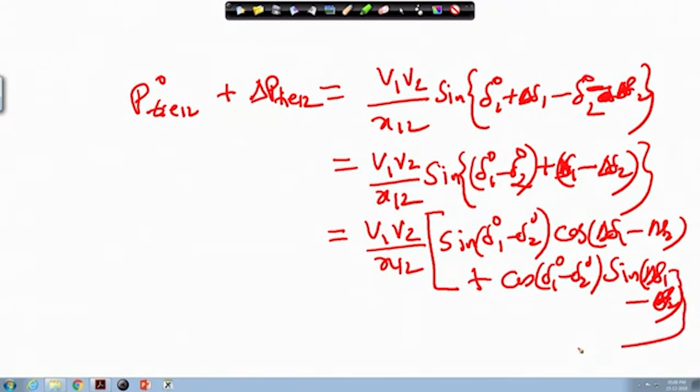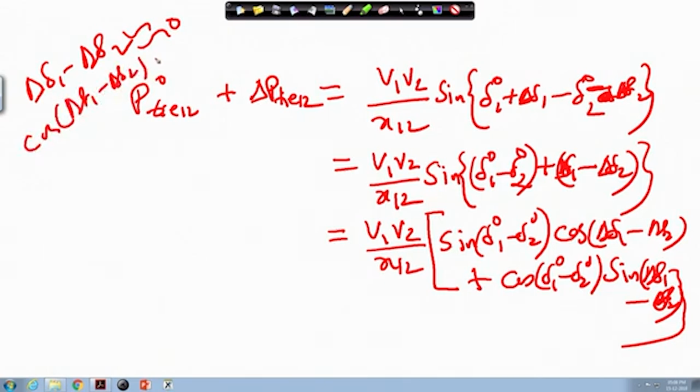Now, the question is that the delta delta term is very small, right. Therefore, as delta delta 1 minus delta delta 2 is very small, it is approximately 0. Therefore, cos of delta delta 1 minus delta delta 2 is basically 1.